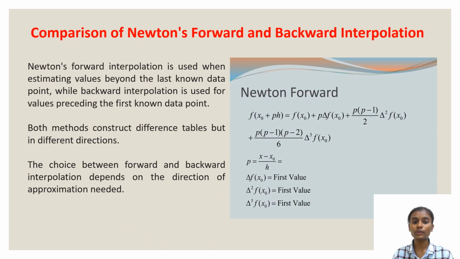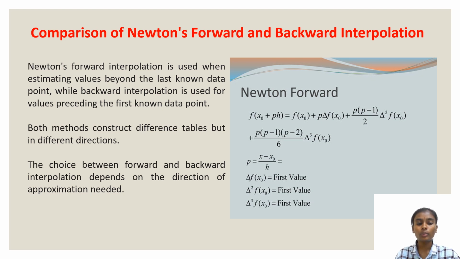Comparison of Newton's forward and backward interpolation. Forward interpolation is used when the desired point lies between the first few data points. Backward interpolation is used when the desired point lies between the last few data points. Both methods follow a similar approach but differ in the direction of interpolation.